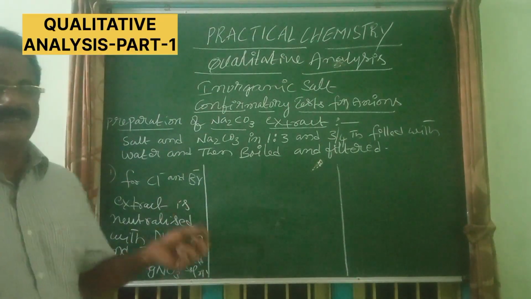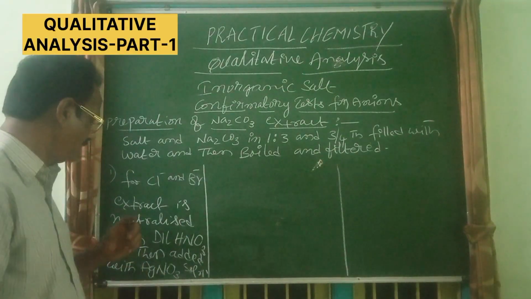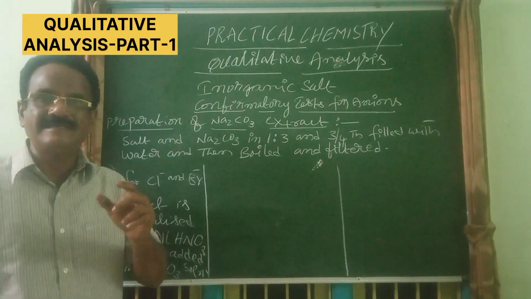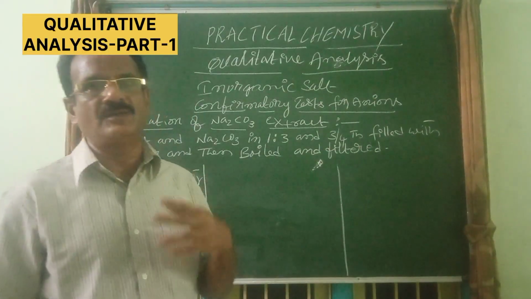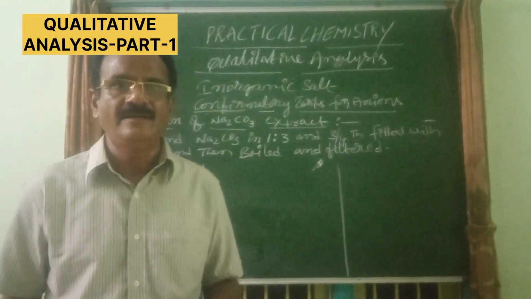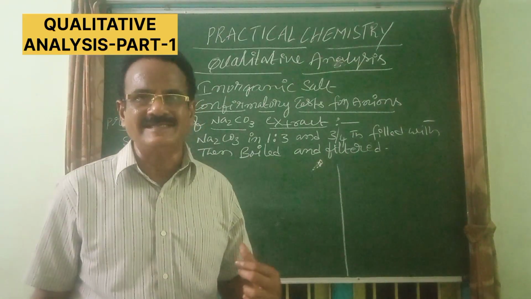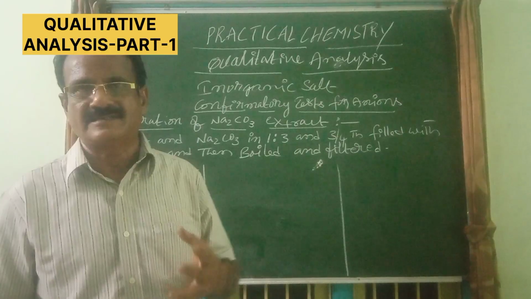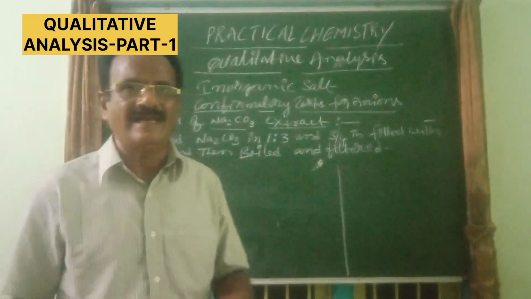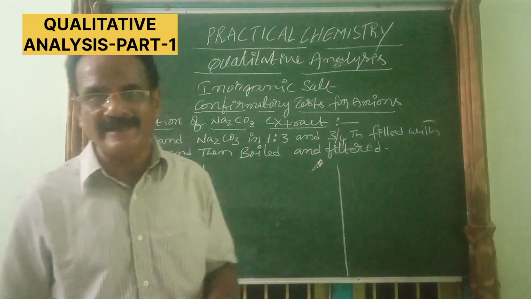So the extract is to be taken in the test tube and the neutralization is to be performed. How can one know the neutralization is completed? During the addition of dilute acid to the extract, effervescence will start because the extract has basic nature because of Na2CO3.